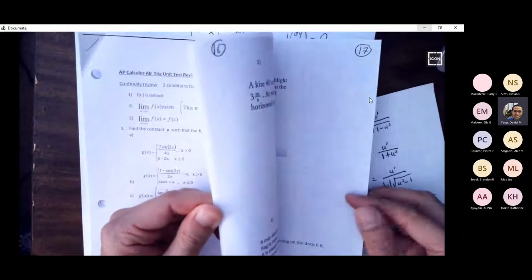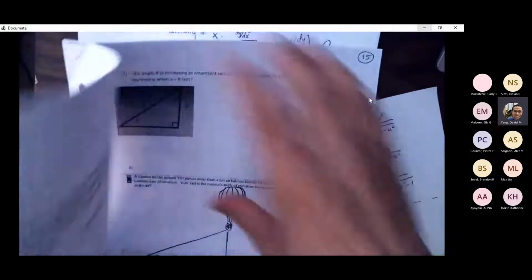Okay, if you can turn to page 15, I'm going to just pick out a couple of practice problems here.